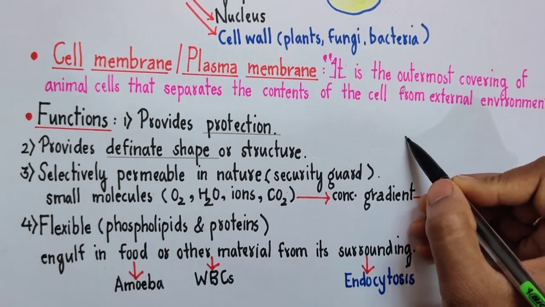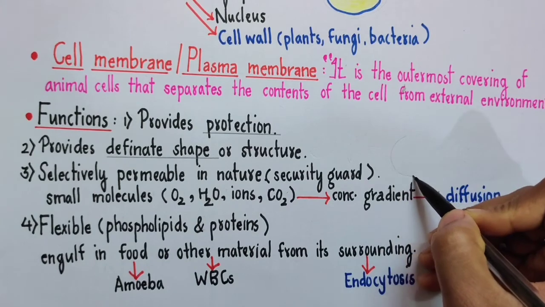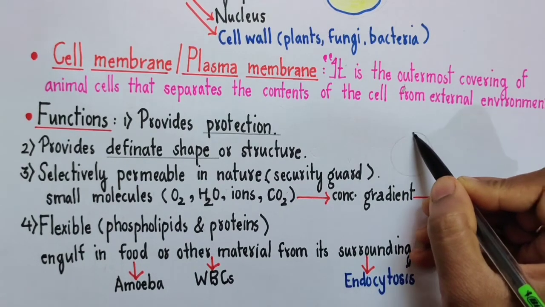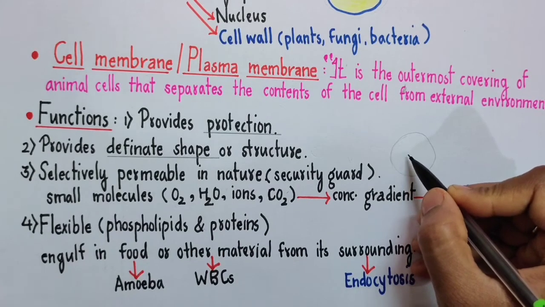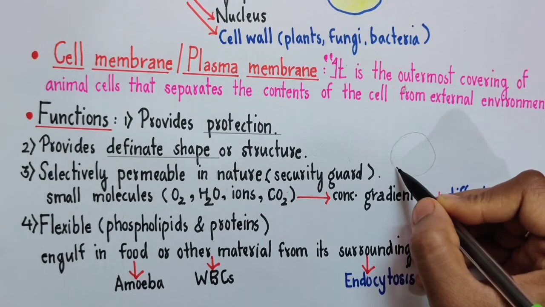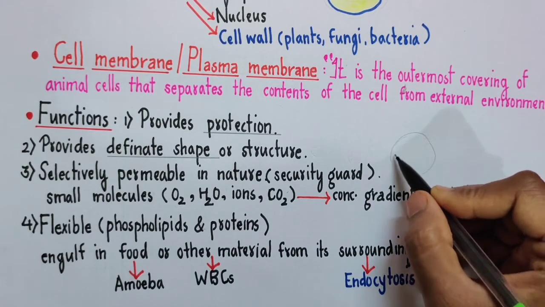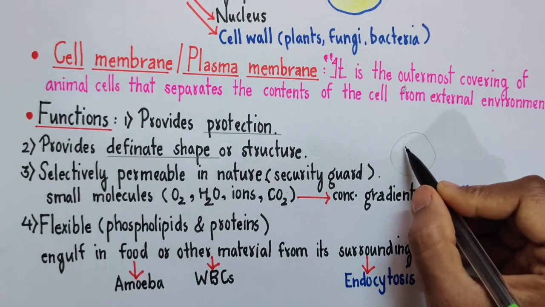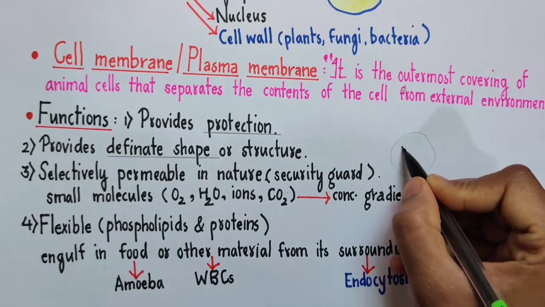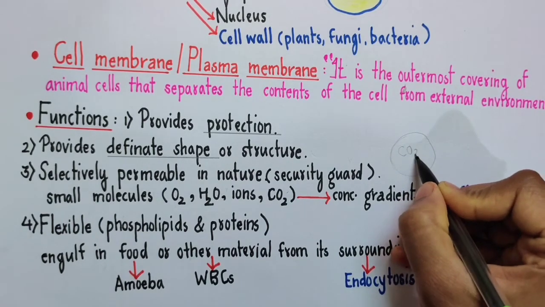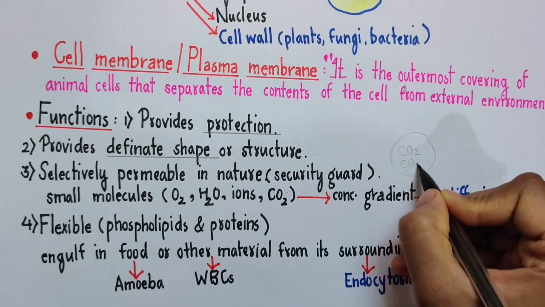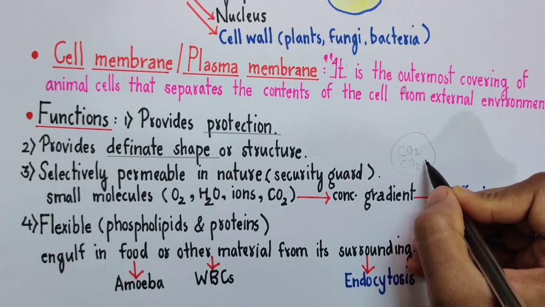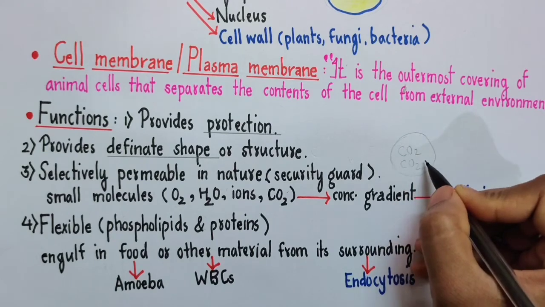Now suppose this is one of our body cells. As we know, each and every cell of our body can perform respiration, right? So when the cells perform respiration, carbon dioxide is produced inside the cells as a byproduct of respiration, okay? And this carbon dioxide gets accumulated inside the cell.